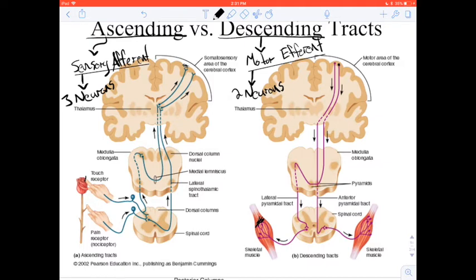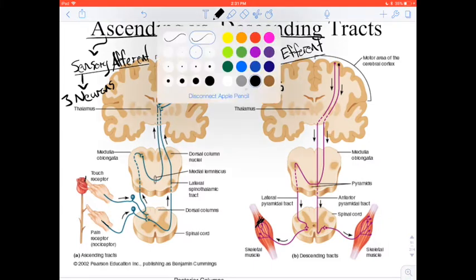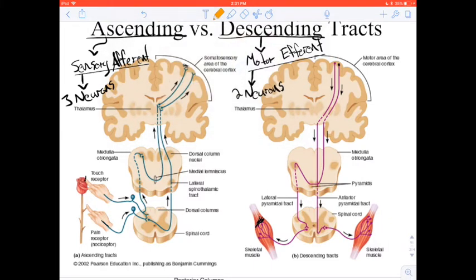So let's change colors here. Let's go with orange. All right, so we have this first one. We're going to call that our first order afferent neuron. Then it's going to come in and synapse with another neuron.